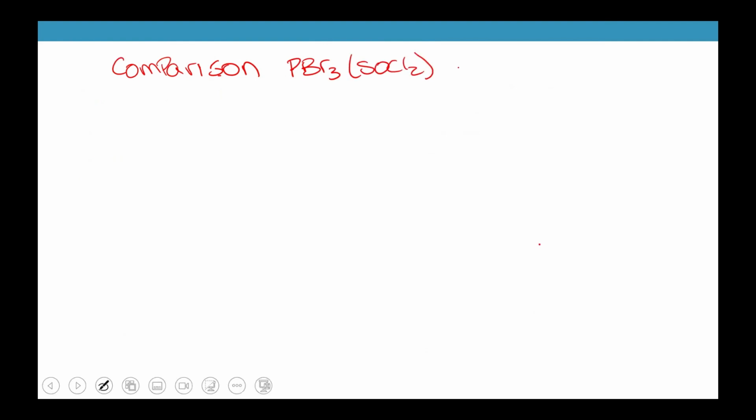Now let's compare. PBr3. Yeah, we won't talk about SOCl2, but it'll be analogous to PBr3, and then the tosylate.